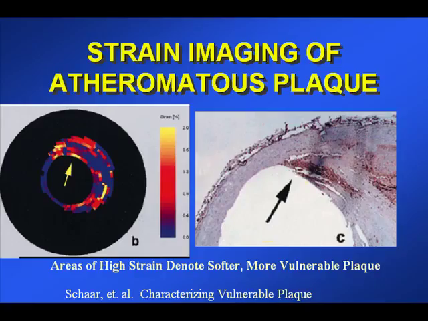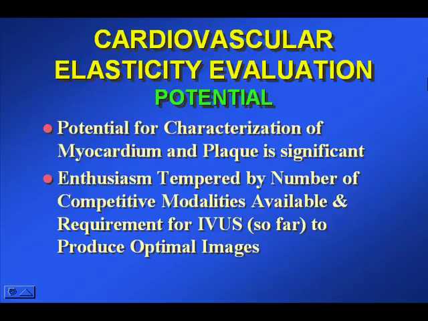This is an example of a vulnerable plaque or soft plaque that was imaged using strain imaging. The area pointed out by the yellow arrow is an area of increased softness on the strain image, and it correlates with an area of vulnerable plaque on the histology. So the potential for cardiovascular strain imaging is pretty high.